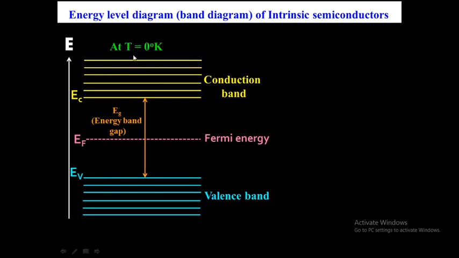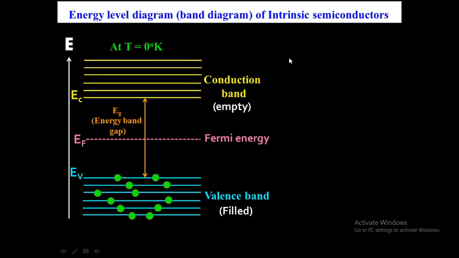At a temperature of 0 degree Kelvin, the valence band of an intrinsic semiconductor is filled with valence electrons. These valence electrons are bound to the atoms of the intrinsic semiconductor, and they are not free. The conduction band is completely empty at 0 degree Kelvin.